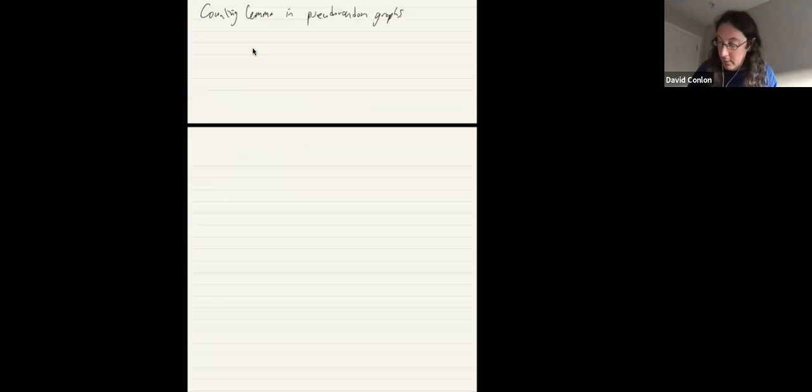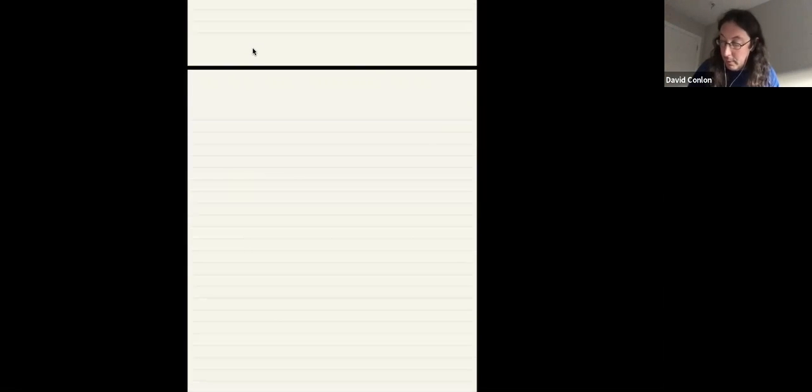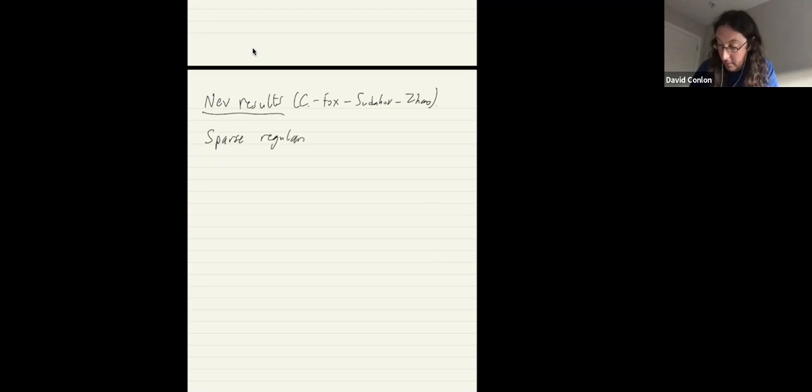So the setting is the following. All of this is work with Jacob Fox, Yufei Zhao, and Benny Sudakov. So this is myself, Jacob Fox, Benny Sudakov, and Yufei Zhao. And the setting is basically sparse regularity for subgraphs of C4-free graphs.